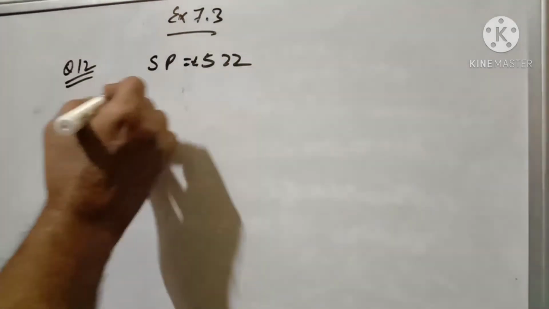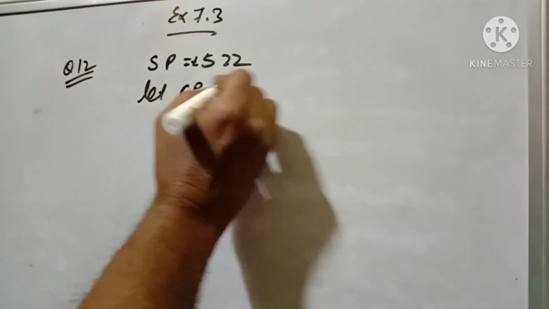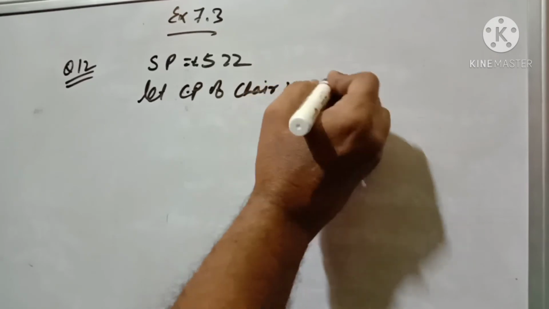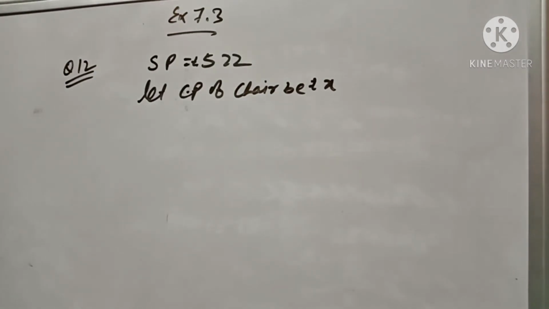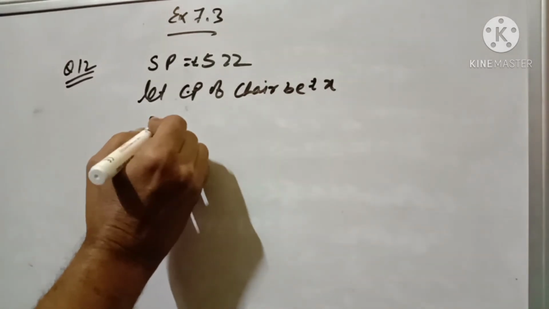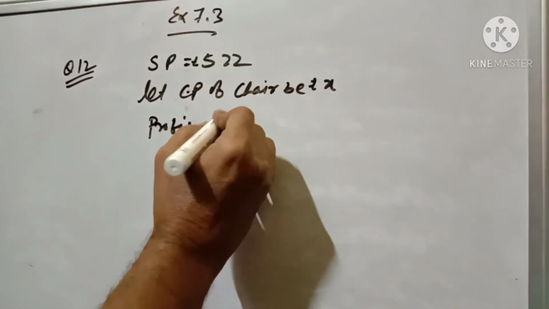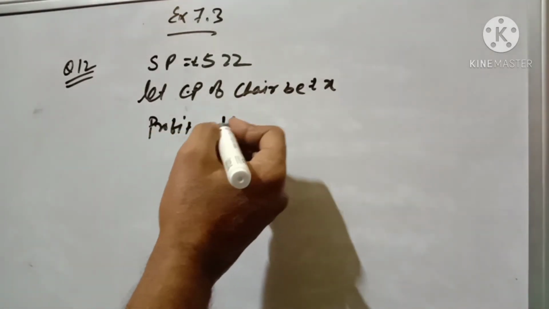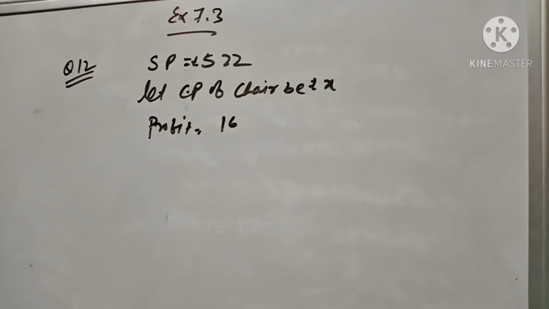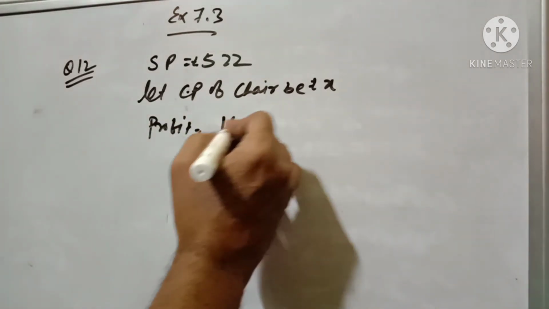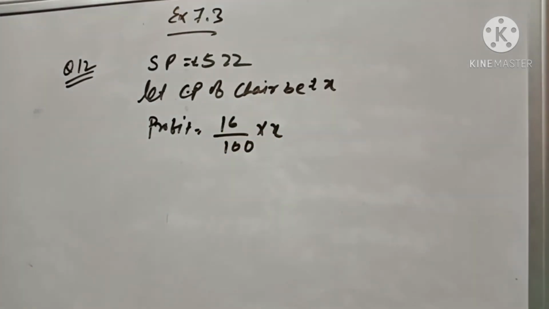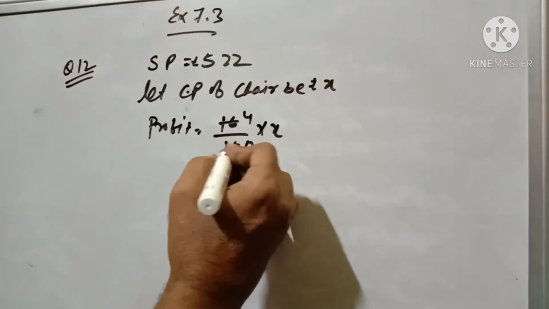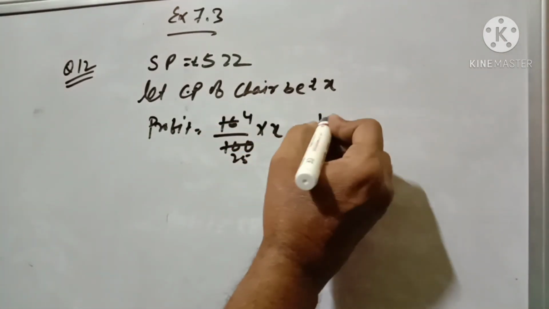Let the CP of the chair be rupees X. Now the profit is given as 16% of X. So 16 by 100 into X, we can write 4 4s are 16, 4 25s, so I can write 4x by 25.